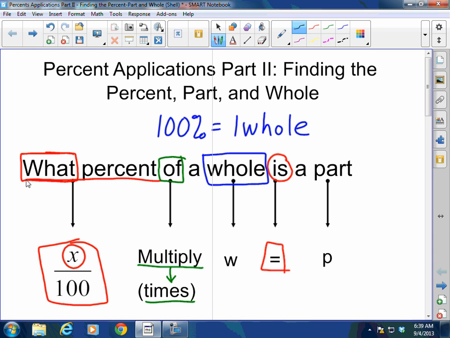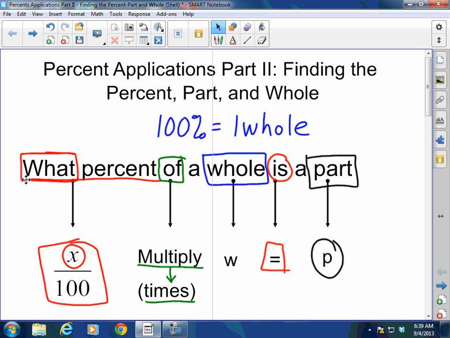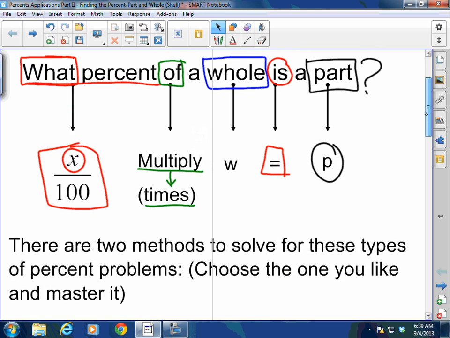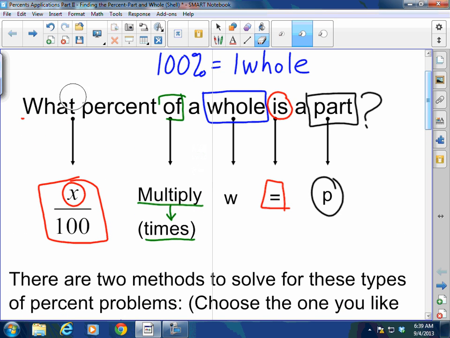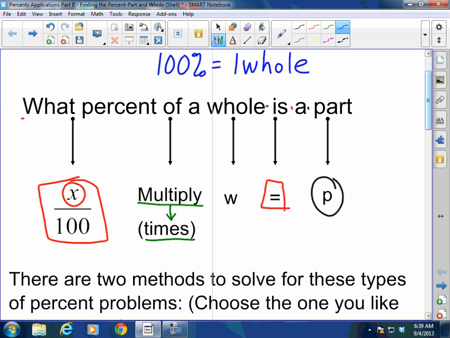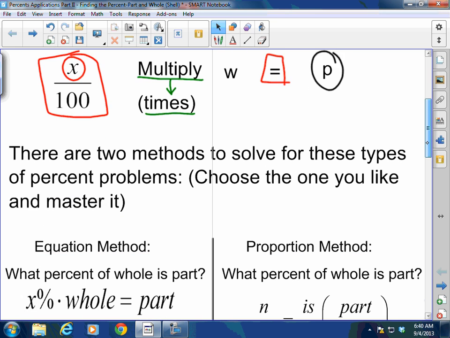And the part is also an unknown in this particular case, and we're going to call that p. So what percent of a whole is a part? That's what we're going to be talking about. With this equation, we can find the percent, the whole, and the part. And that's the whole goal of today's lesson. All right, let's get into it.